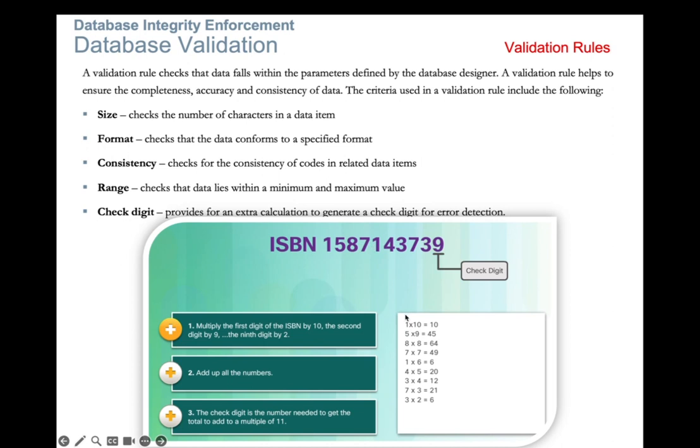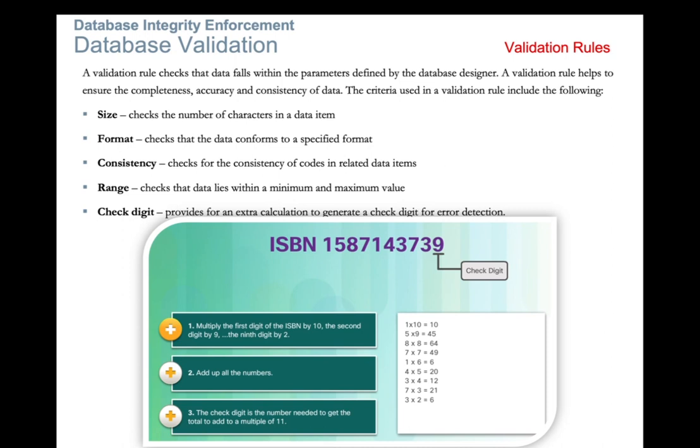So the first one is the 10th digit, the ninth digit, 8th digit, 7th digit, 6th digit, and so on. So you multiply the first digit, 1 with 10, then 5 with 9, 8 with 8, 7 with 7, 1 with 6, 4 with 5, 3 with 4, 7 with 3, and 3 with 2.